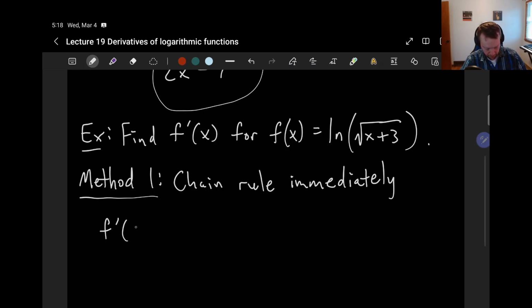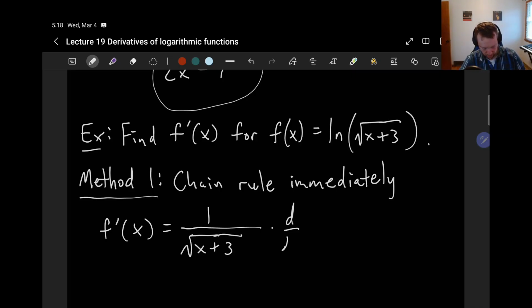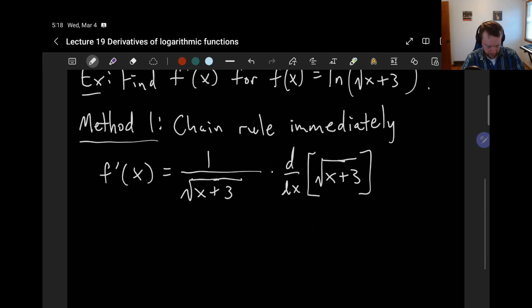So f prime of x, derivative of the outside function ln, so 1 over my input times the derivative of that input. And now here is where we do chain rule again. This also is a chain rule problem.